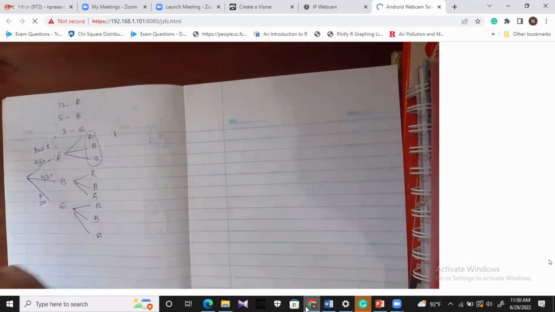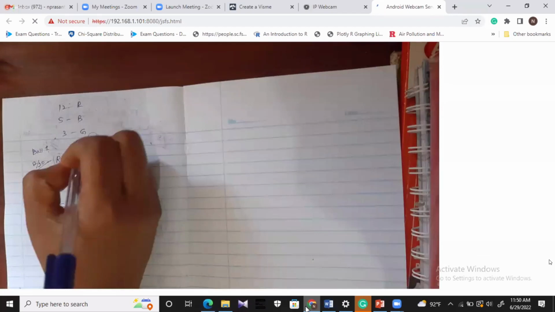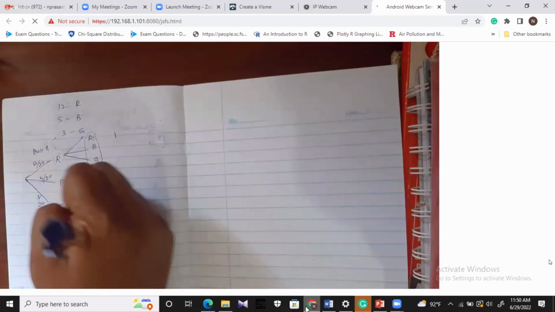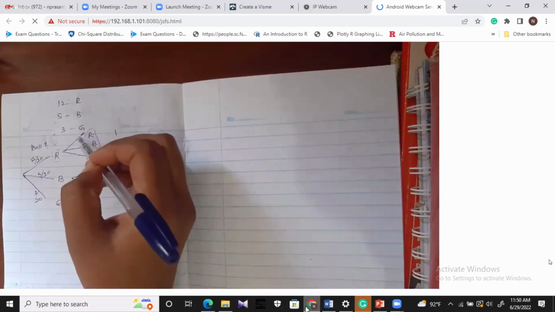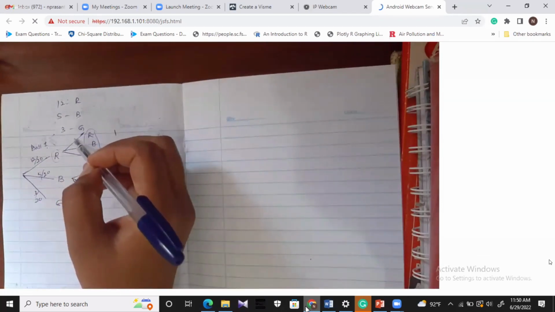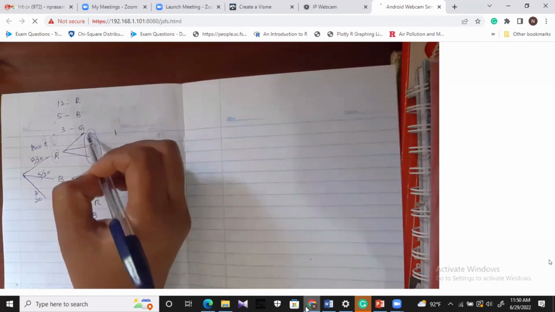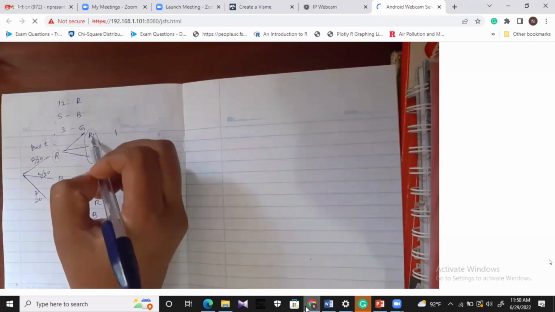Understand? But here it's really important to put these probabilities correctly. Now we are going to find the probabilities of the outcomes of the second experiment, that is taking the second ball out. Now tell me, what is the probability of getting a red ball as the second one? How many balls are there in the bag?